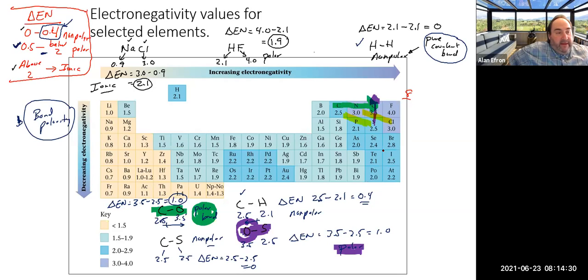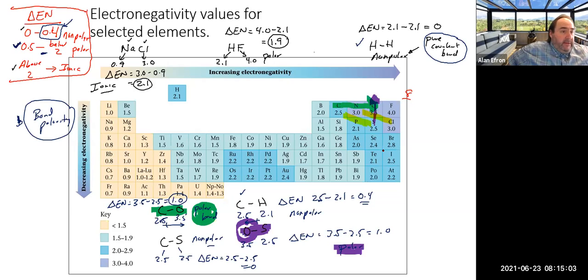And when we have 2 elements that are in the same period, like I think we looked at there, carbon and oxygen, in the same period on the periodic table, without even knowing the numbers, just knowing the general trend that further to the right is more electronegative, you can make a pretty safe bet that oxygen should be more electronegative than carbon, and you would have a polar bond, and it would be heading towards the oxygen.